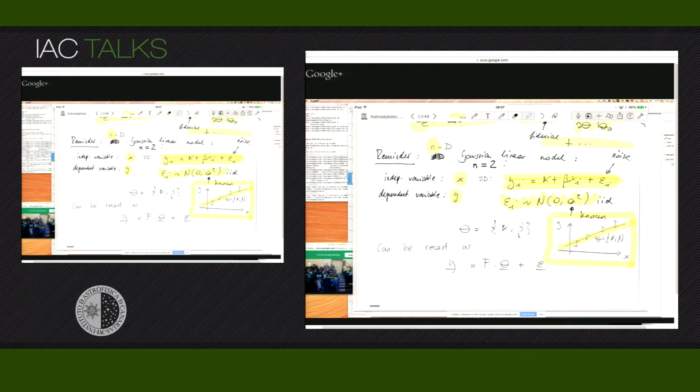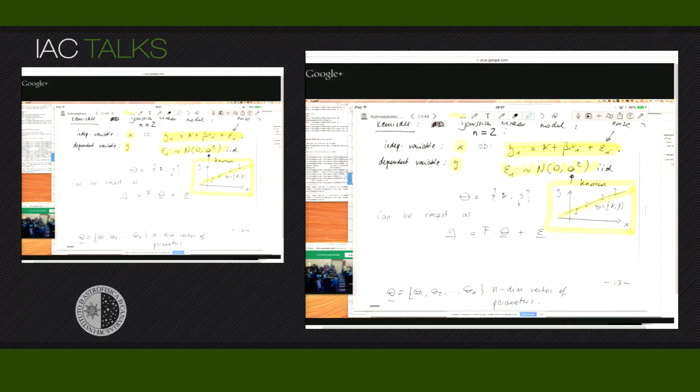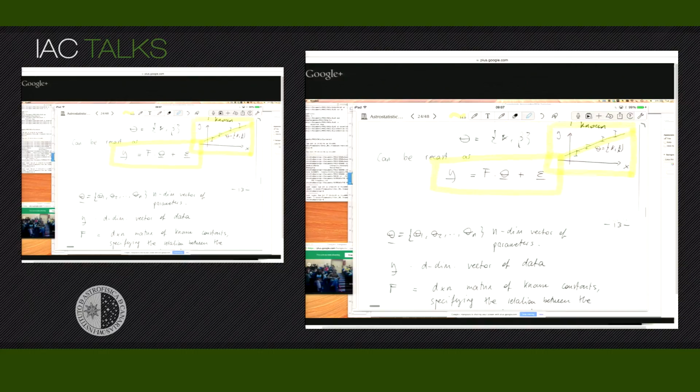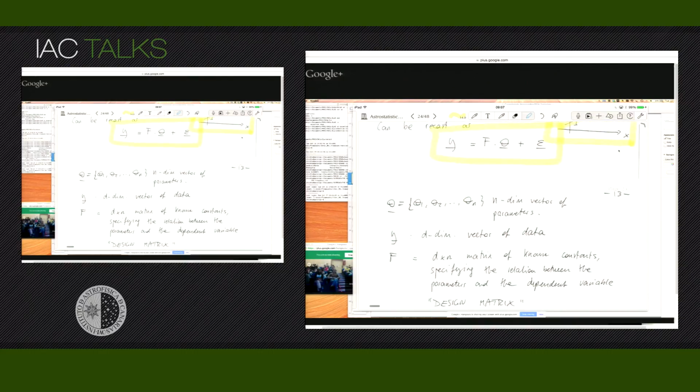Now, in general, you can always recast such a linear model in algebraic notation as follows. Here is an equation where we relate y. y is the data vector, y is d-dimensional. We've got d data points, and these are all the data points.